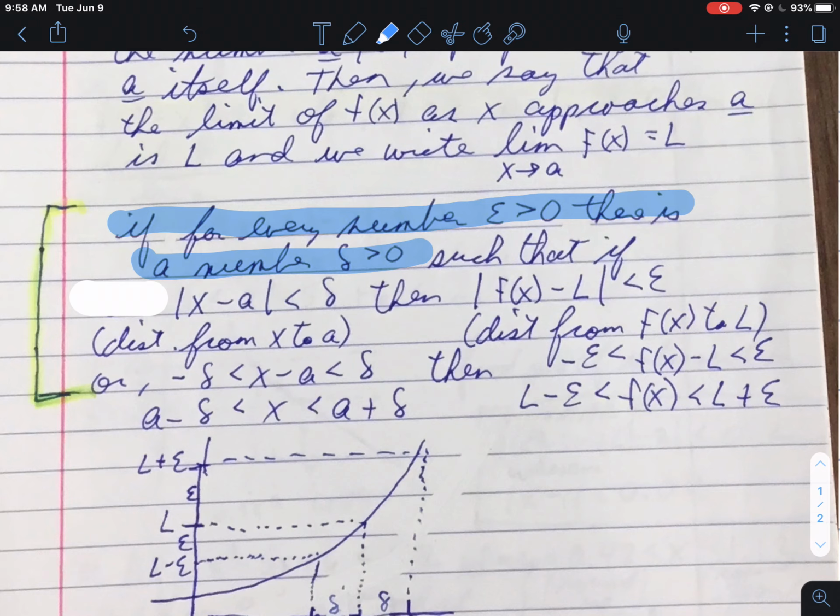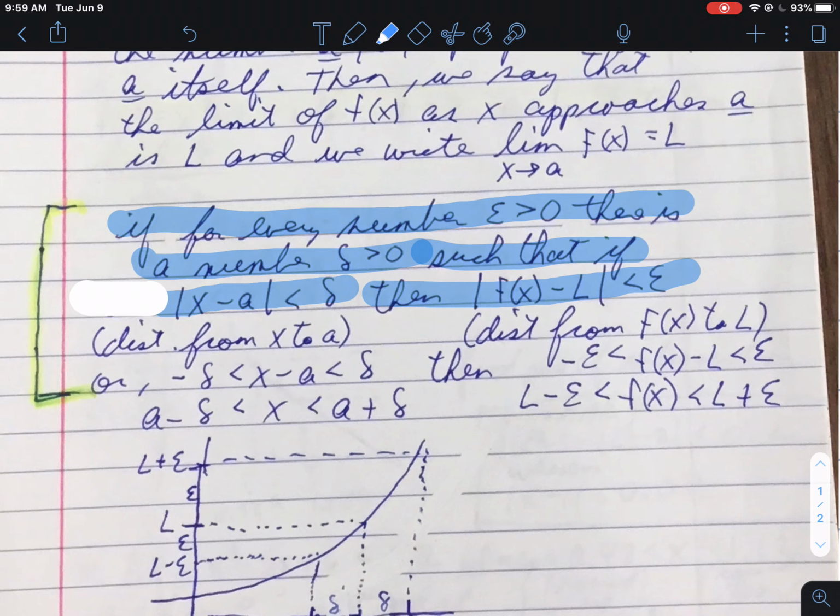I think I mentioned the uppercase delta previously, but there's the lowercase delta. Such that, and here's the big statement, if the distance between x and A is less than delta, then the distance between f of x and L is less than epsilon.